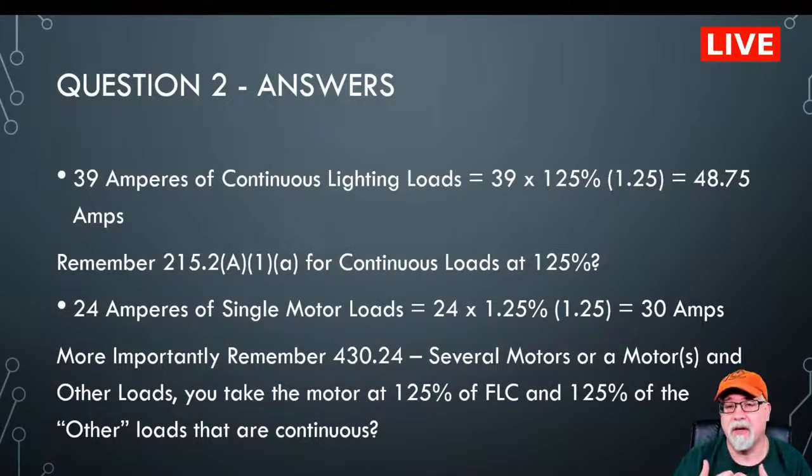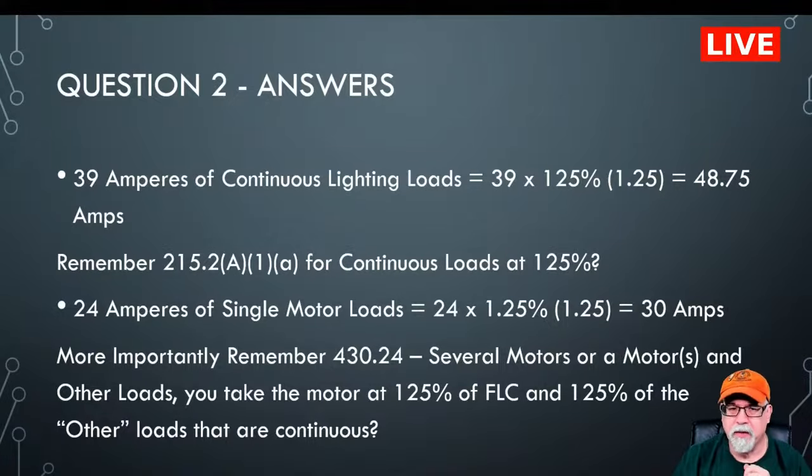If I had a feeder coming from a main panel feeding continuous and non-continuous loads, I'm going to take all the continuous loads at 125%, and all the non-continuous loads at 100%, whatever their rating is. Add them together, and that's how I size my feeder. Same thing here. The only difference is now I've got a motor involved.